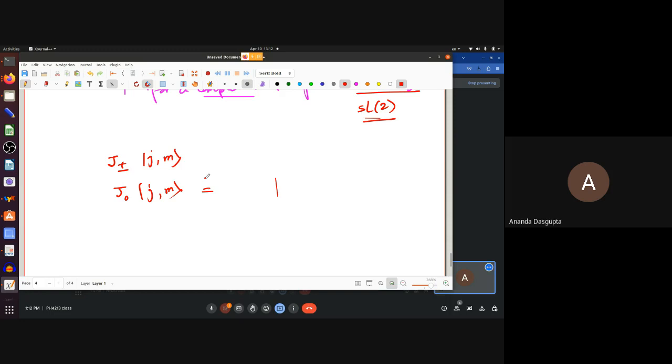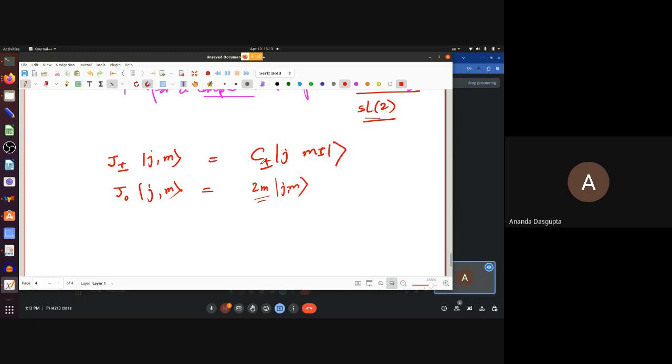Come on. M times the state. Actually twice M times the state. Okay, 2. Because J0 is 2J3. And that actually has the advantage that here the eigenvalues are all integers, rather than possibly half-odd integers as well. And J plus minus essentially increase or decrease M, right?